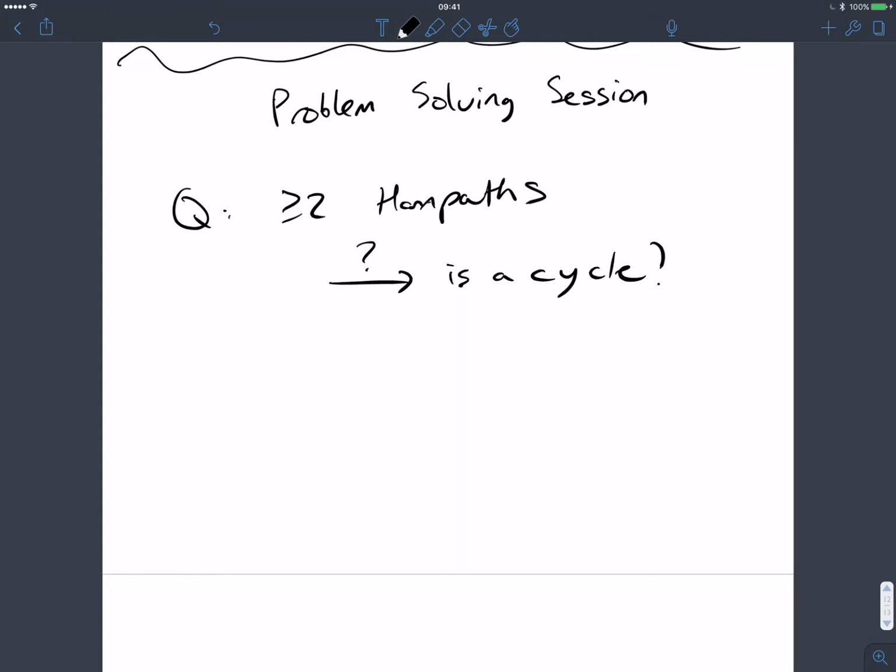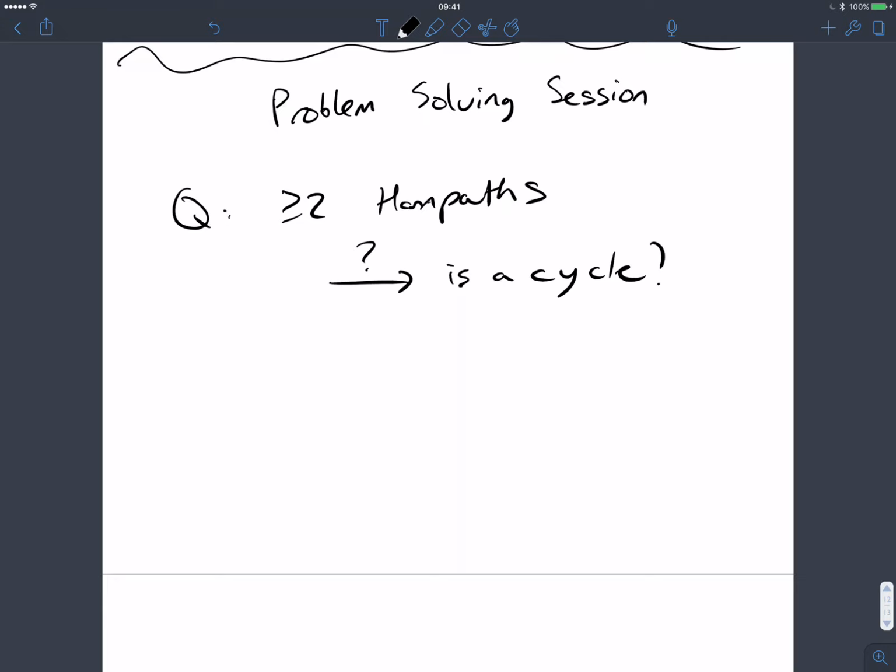That's the part of problem solving. Yeah, it's a difficult problem. I will agree with you on that. Try some small examples where you guarantee that there are two Ham paths and see where the C3, the cycle on three vertices, is in that. Start off with four vertices.